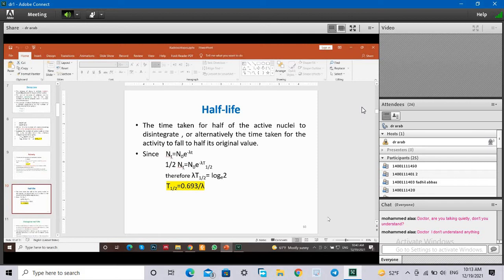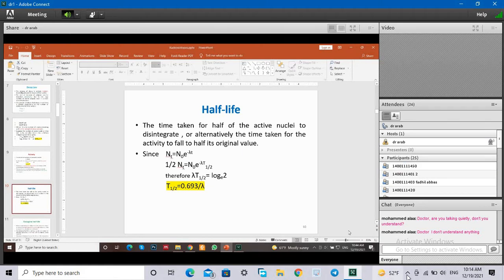As shown in this equation, when the number of nuclei with radioactivity at time t equals half of the number at time 0, the half-life time equals 0.693 divided by lambda. This equation is also very important. Please take note and memorize it.